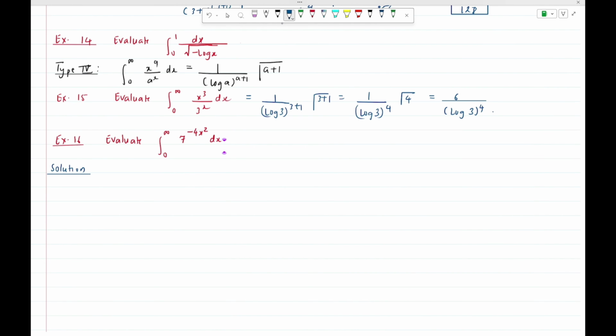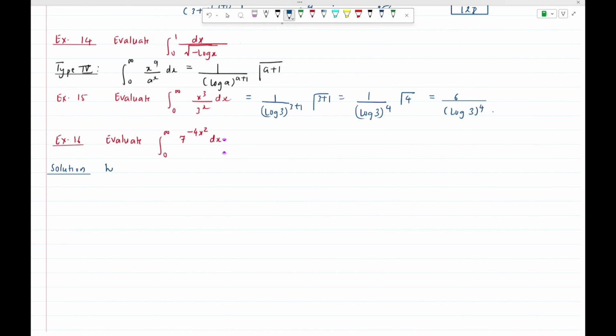Type 1, type 2 and type 4 have exponents in them, whereas type 3 did not have exponents, instead it had a logarithm, and the limits were not 0 to infinity, the limits for that were 0 to 1. Over here we have limits from 0 to infinity, so we understand that we can probably use type 1, 2 or 4. But to use that, the exponent term is missing, so we are going to introduce the exponent term here.